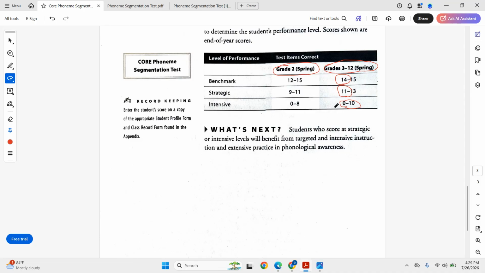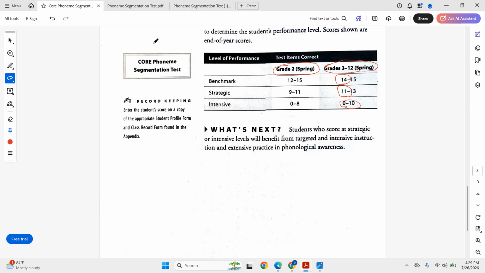Therefore, this data and its interpretation is telling us that our student is in need of explicit systematic instruction or intervention. Now, a student whose scores fall within the strategic or intensive range will benefit from targeted explicit instruction in phonological awareness.